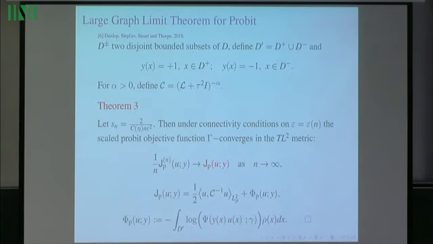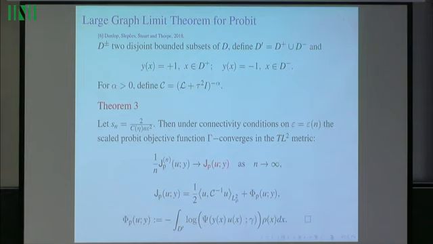Okay, so you can now, and this is very much Matt Thorpe's work, take what I've described about the convergence of the graph Laplacian and apply it to the quadratic form defined through the graph Laplacian, which you remember was the graph Laplacian shifted by the identity raised to the power minus alpha.